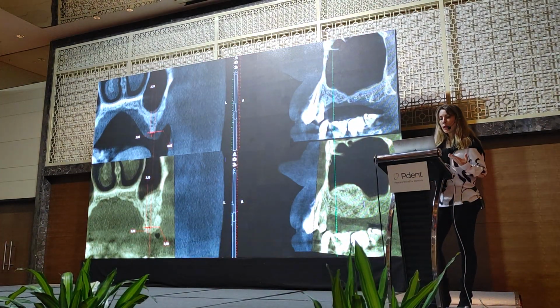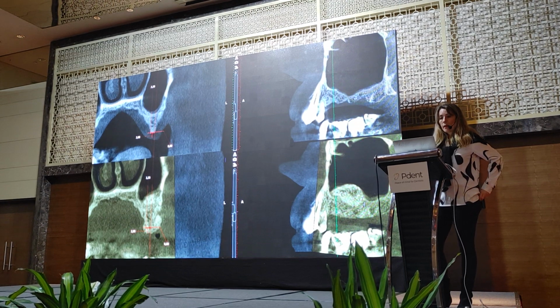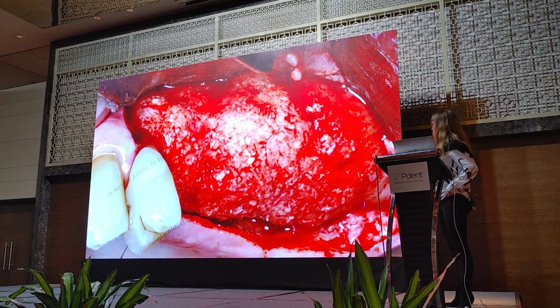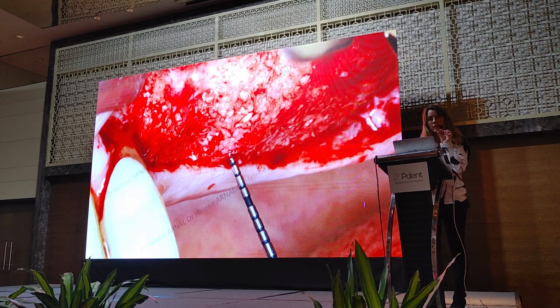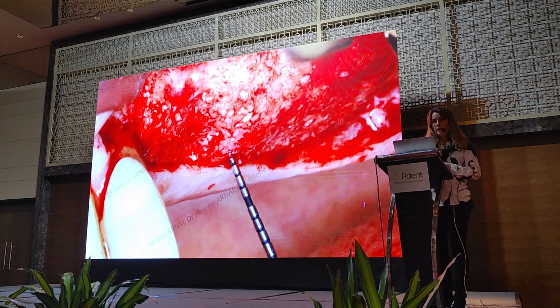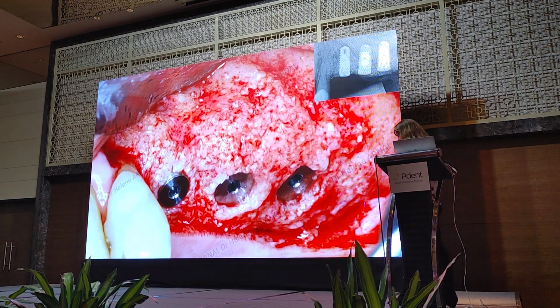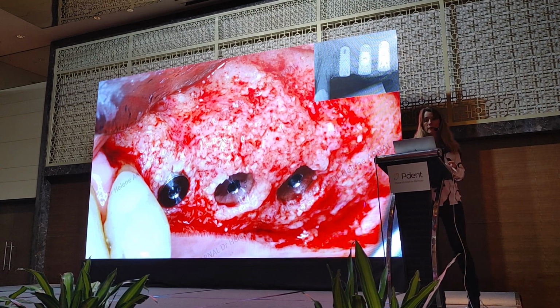After 9 months, or maybe 6 months, the healing was okay, and the regeneration seems to be nice. We had a very, very thin soft tissue thickness, and I could place the implants with no specific observation, nothing specific that I noticed.